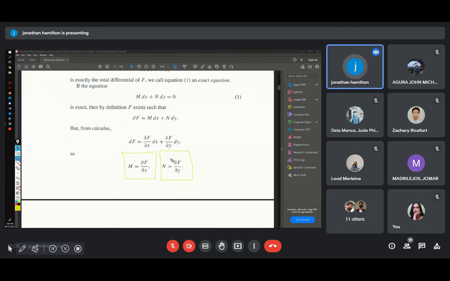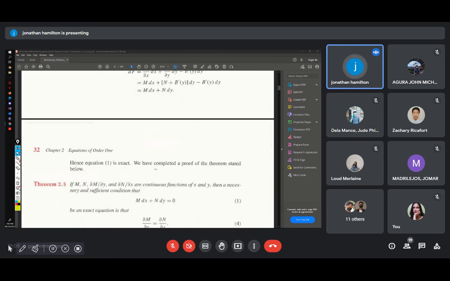If we solve both functions for the general solution, they should be equal, since these are exact equations.